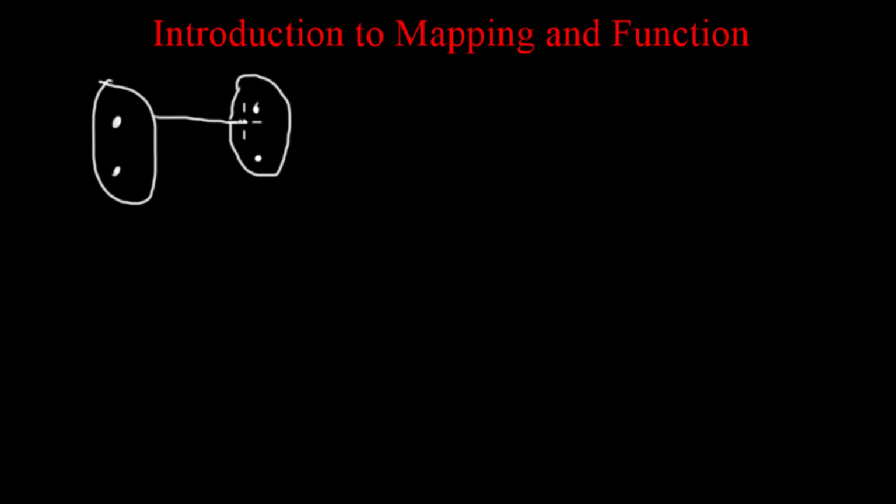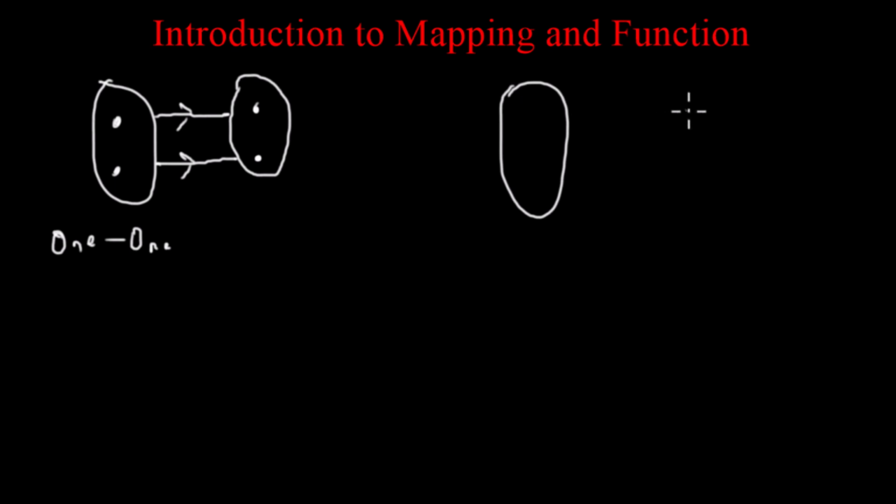For one-to-one, we're simply saying one element of the inputs is mapping out to one element of the outputs, and so also this type here. So this is one-to-one mapping.